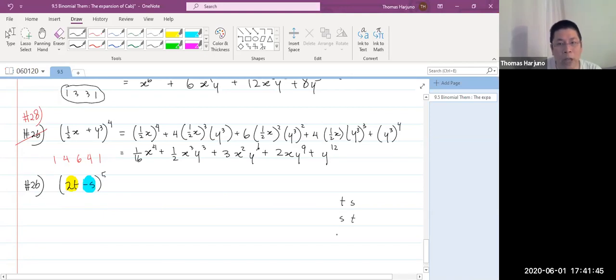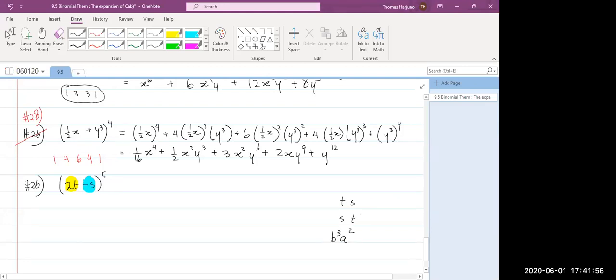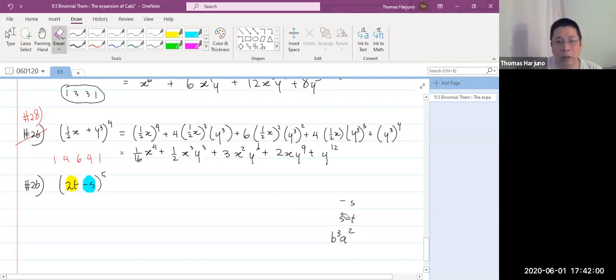In other words, I cannot mark somebody off for writing b cubed a squared, for example. I would love to, but I cannot. Okay, thanks for asking that. Good thing is no need.